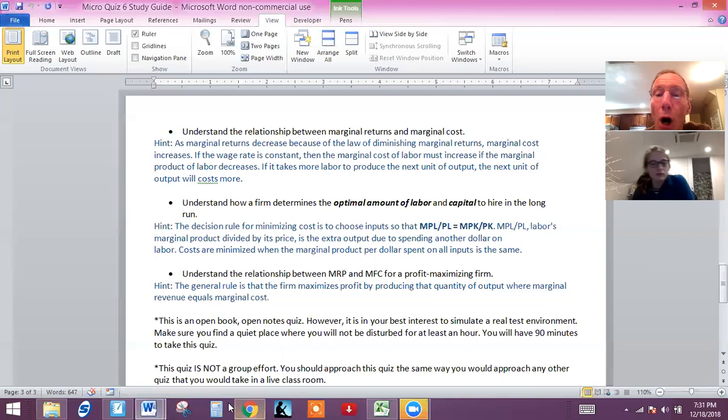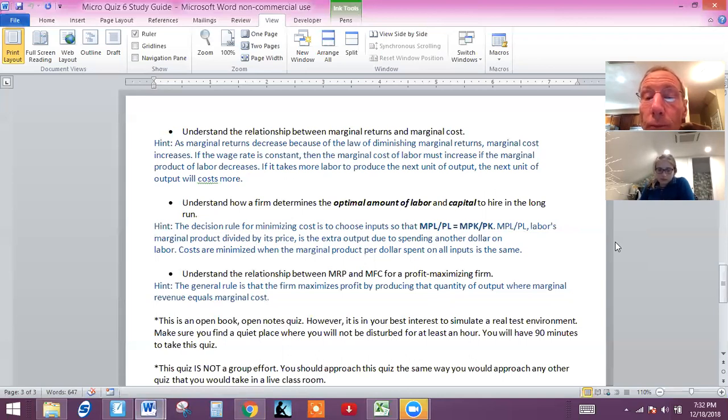So the ratio: the marginal product of labor per the price of labor. Oh, I was trying to figure out what the PL was. I went blank for a second. The marginal product of labor over the price of labor has to equal the marginal product of capital over the price of capital, okay?